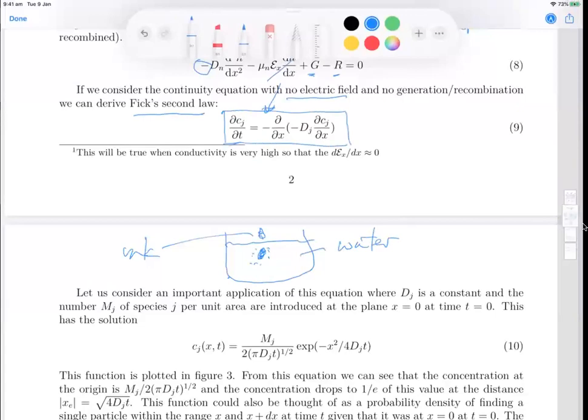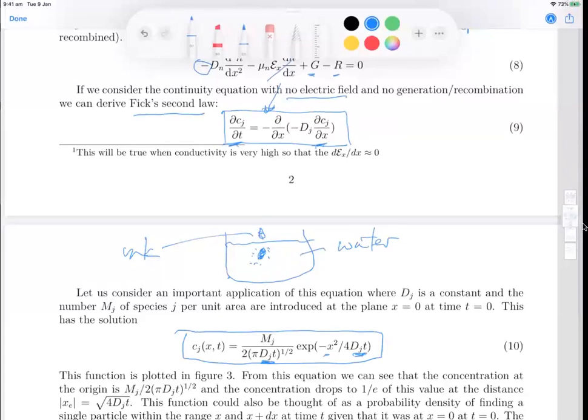So we have time on this side, and we have space on this side. And the solution to that equation is this equation. So again, we have a function of time, appearing both here and here. And it's also a function of space.